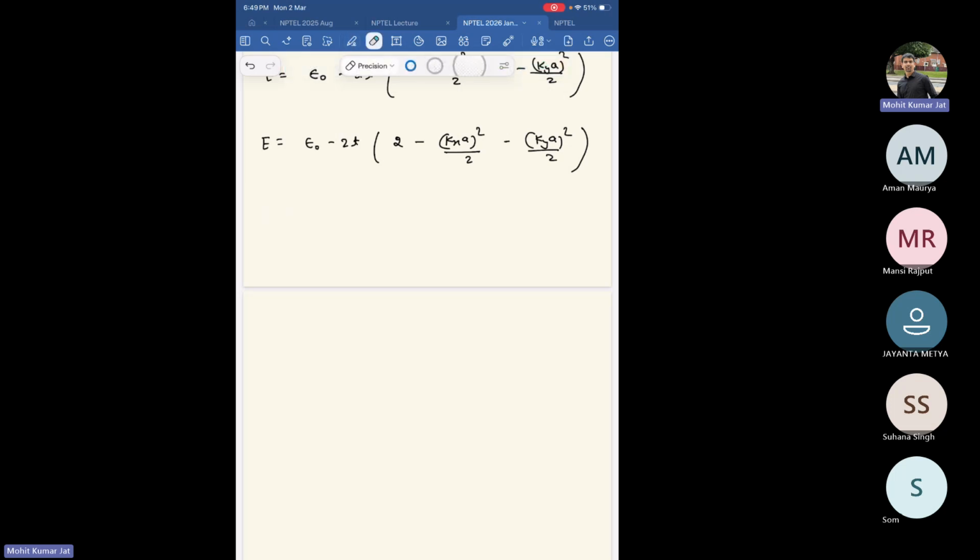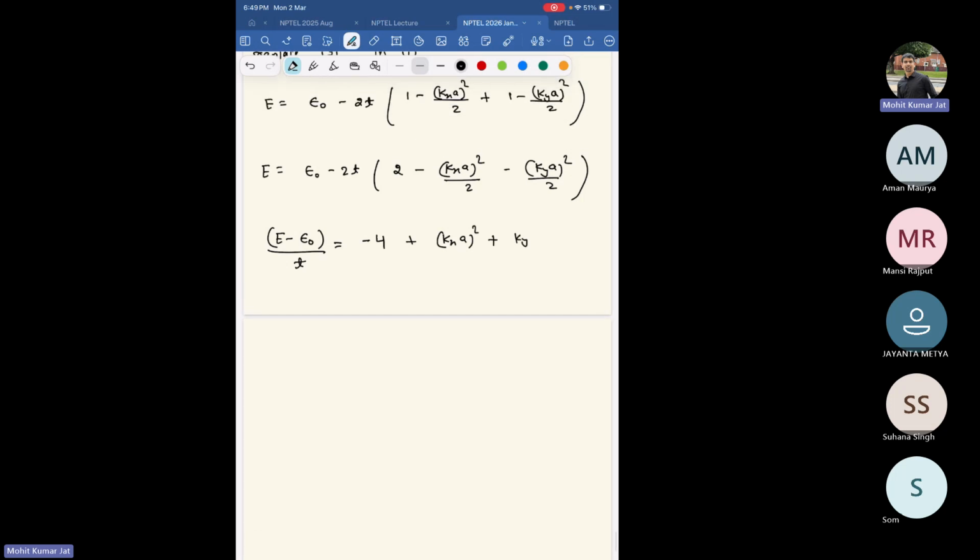So this is like E minus E naught by t is equal to minus 4 plus kxa square plus kya square.